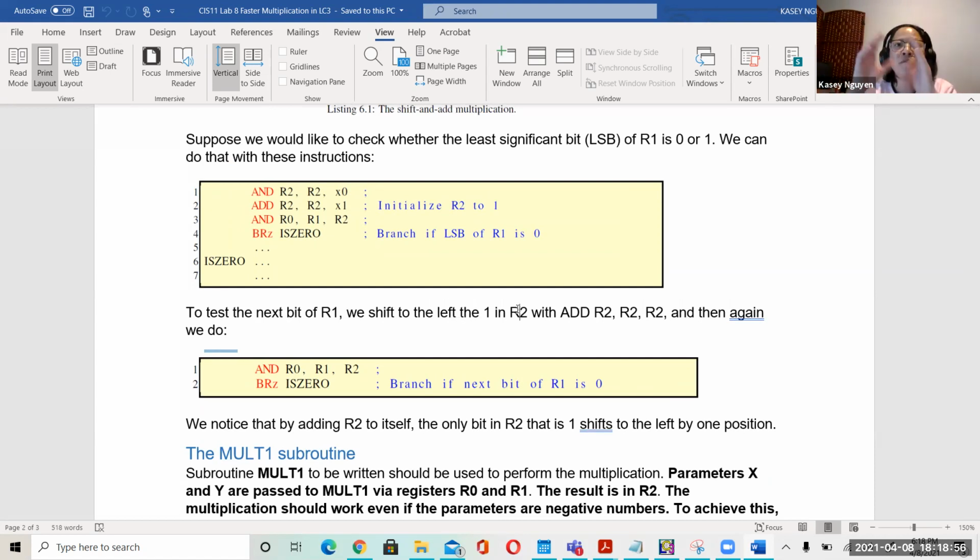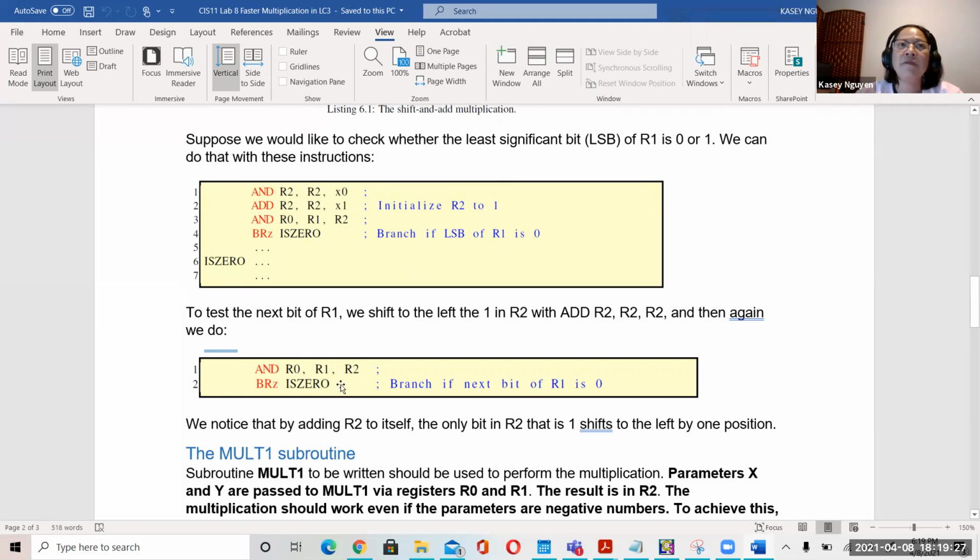And when you're checking from the right, which is the least significant bit, that will be your register 1. If it's a 0, we're not going to add it. If it's a 1 on the next register, we are going to add it. Okay. So after we check register 1, then we would clear, we would AND R0, R1, R2, and then check again for the 0.